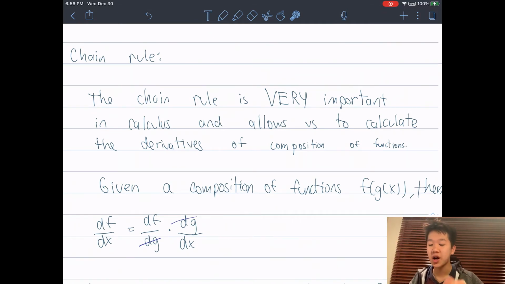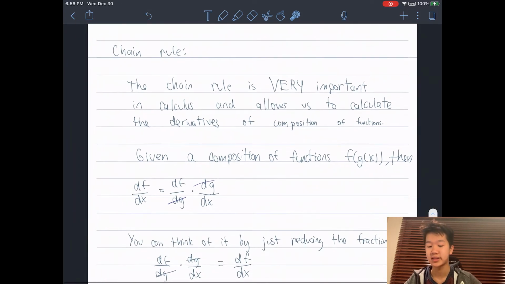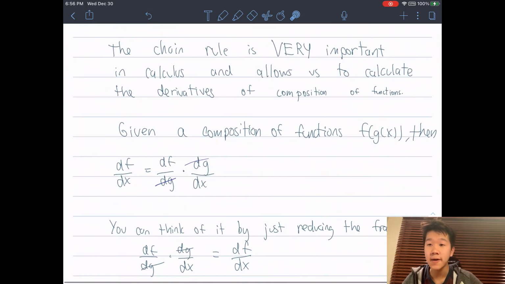Given a composition of function, f of g of x, which means you calculate g of x, and then you do f of that, then df over dx, so the slope of f over x, is equal to df over dg times dg over dx. So the change in f over the change in x is equal to the change in f over the change of g times the change of g over the change of x.